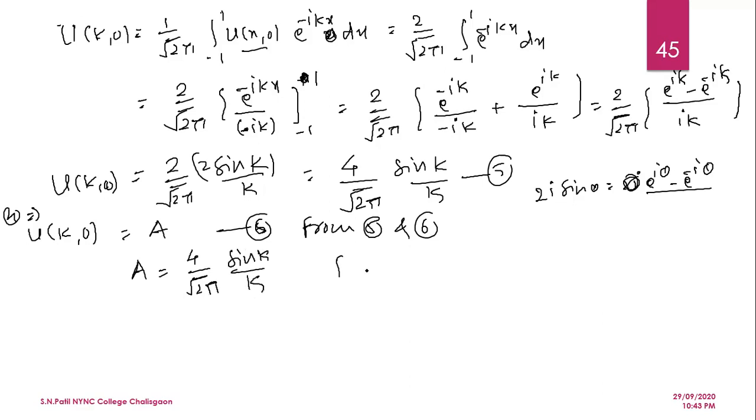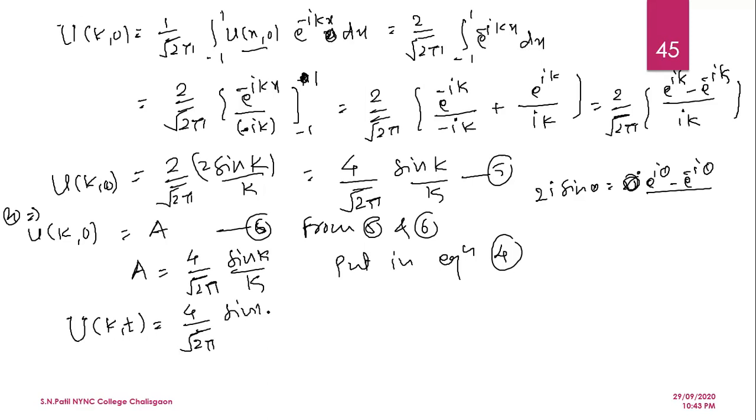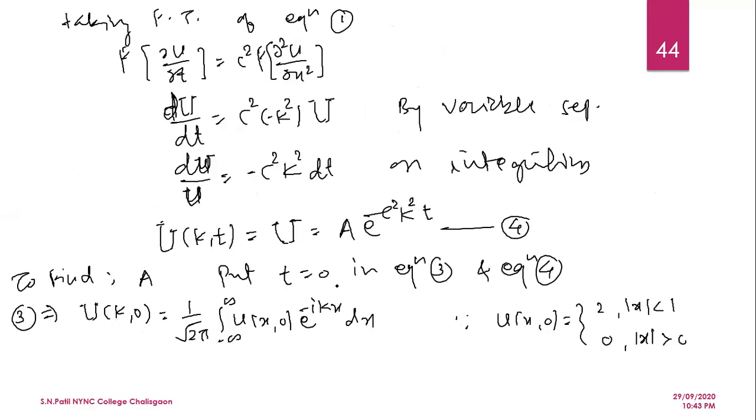Put this value in equation number 4. Equation number 4 is capital U as a function of k comma t is equal to 4 upon under root 2 pi sine of k divided by k e to the power minus c square k square t.